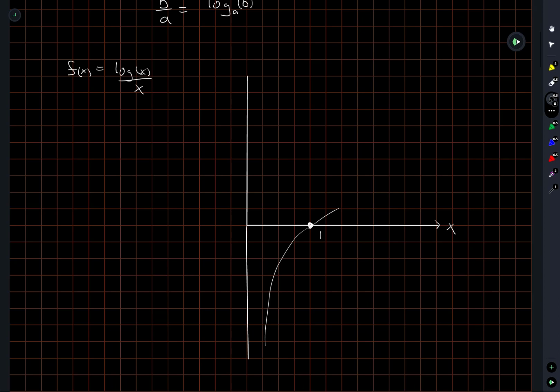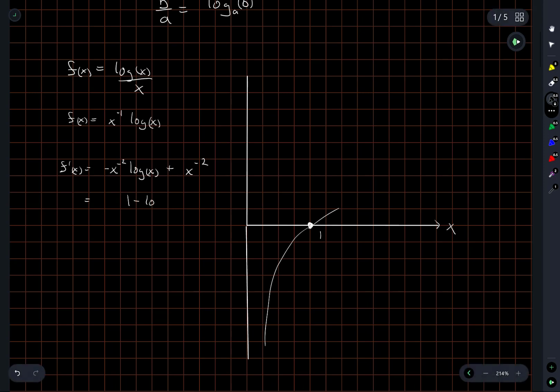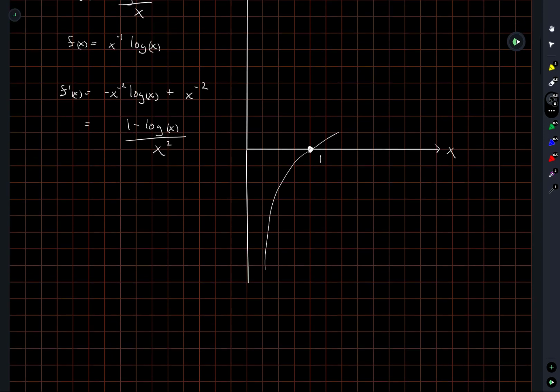It probably only has one maximum, but to check that, let's take a derivative. I'm going to rewrite this as a product. So what do I have here? I have 1 minus log x divided by x squared. This is equal to 0 only when log x is equal to 1, or when x is equal to e.